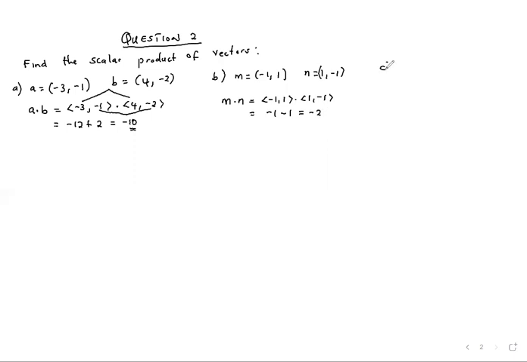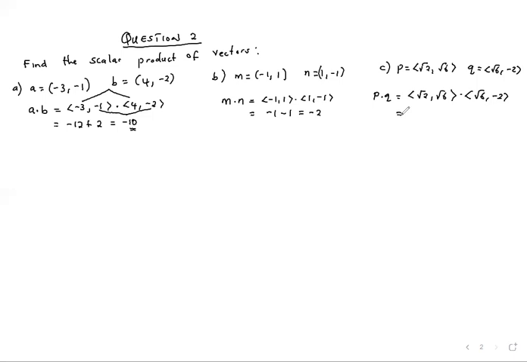And then C, P is equal to (√2, √6), and Q is equal to (√6, -2). So you say P dot Q is equal to (√2, √6) dot (√6, -2).